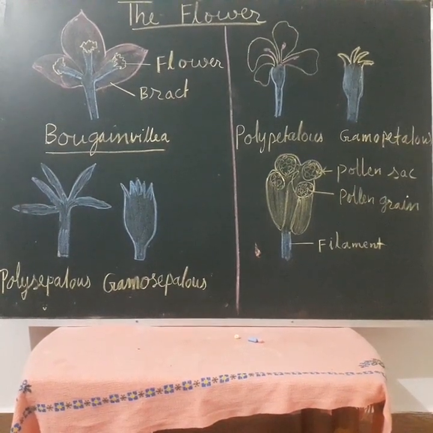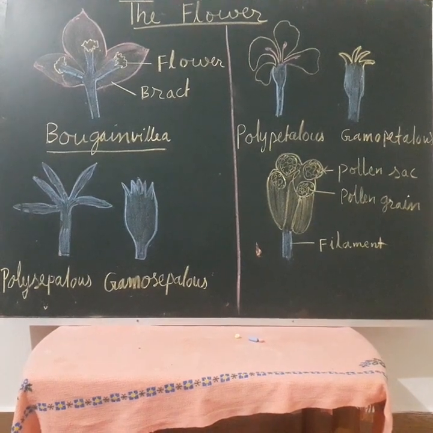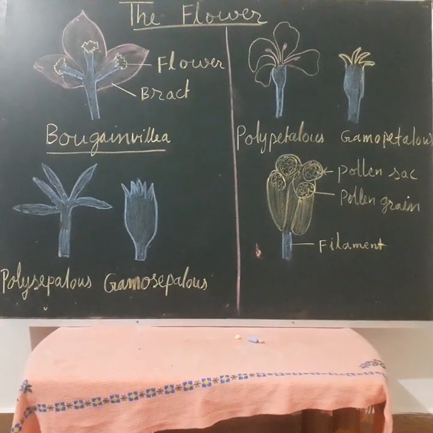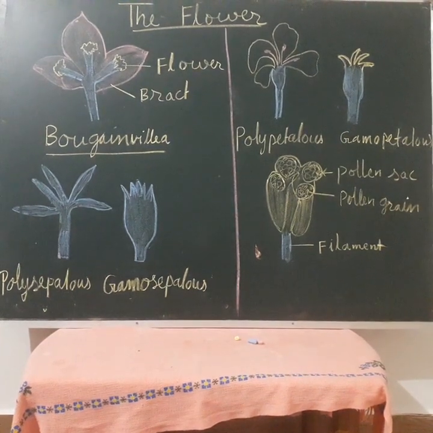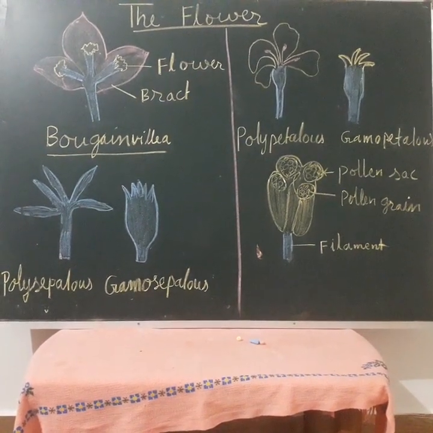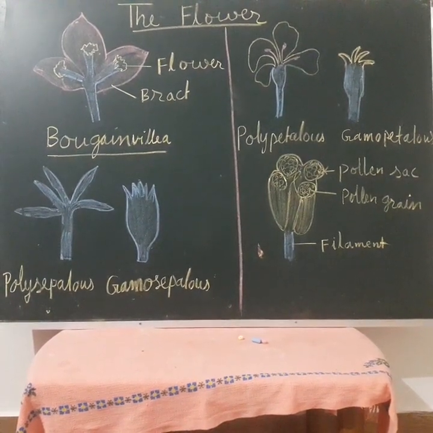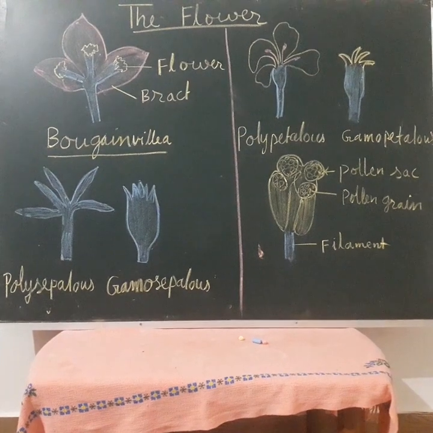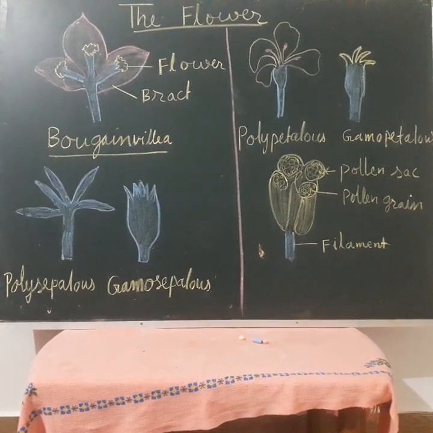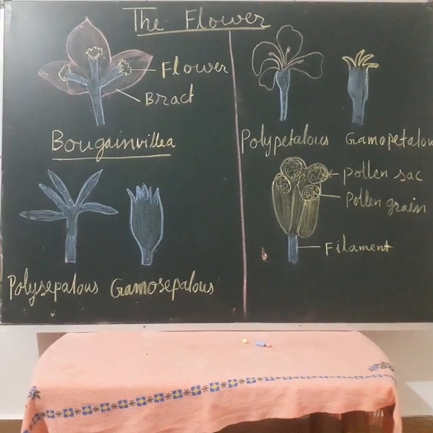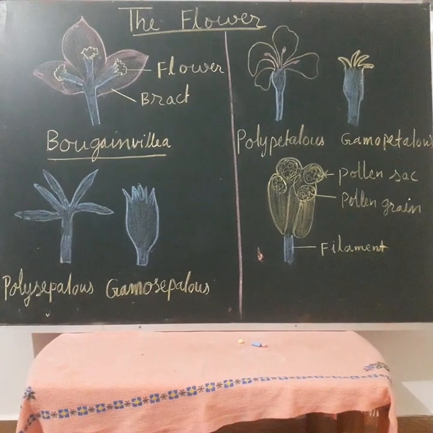Imperfect or unisexual flowers have only one of these parts. Some flowers will have only the male part, that is staminate, known as a unisexual flower, or only the female part, that is pistil or carpel, known as a pistillate flower, or we can say unisexual female flower.